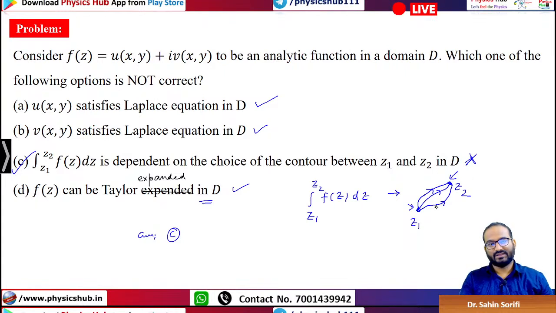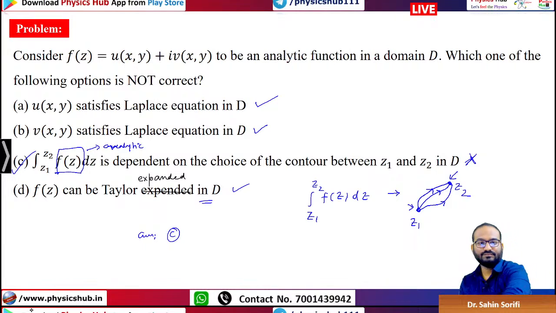So it is similar to that, provided that this f of z is analytic. Understood? But in the question it is given that it is dependent on the choice of the contour, so that is incorrect. It should be independent.